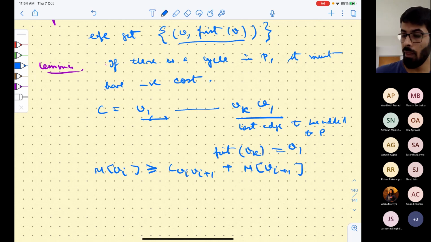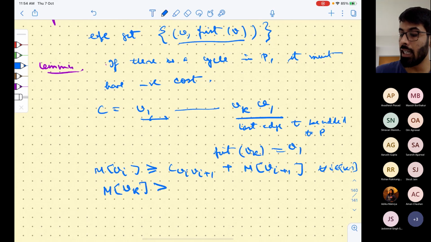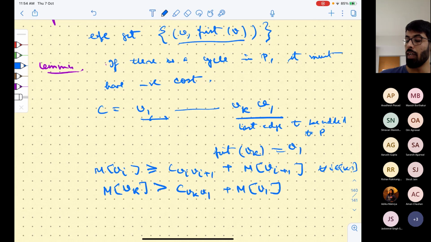And so this we have for all i in 1 to k minus 1. And then for the final one, M of Vk is strictly greater than C of Vk V1 plus M of V1, right?